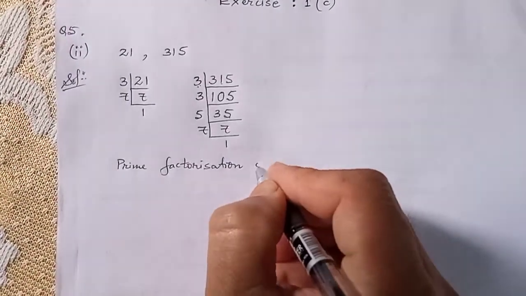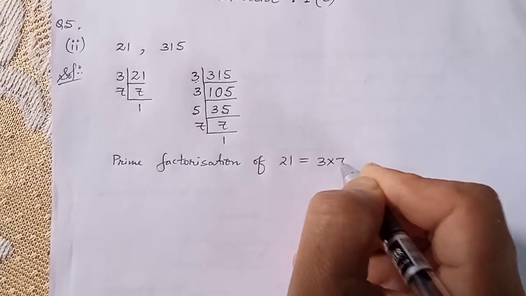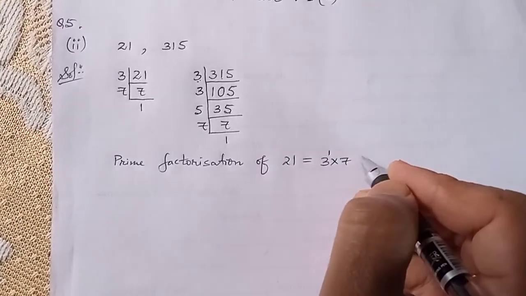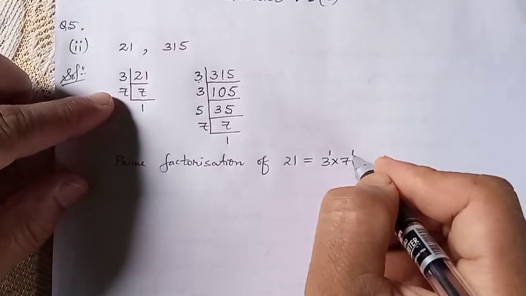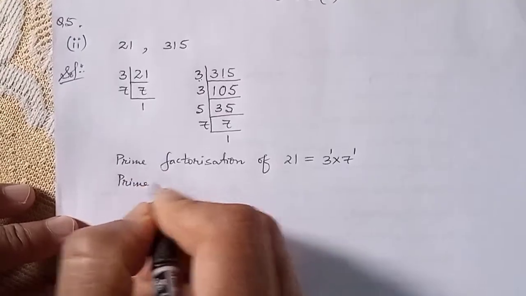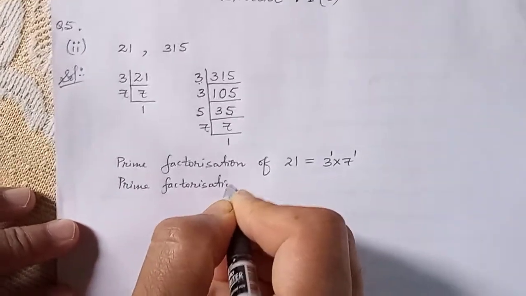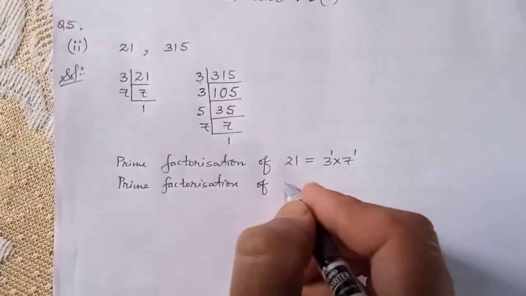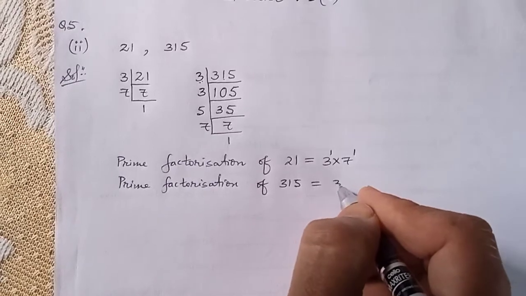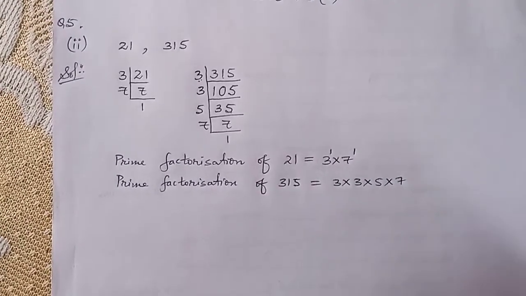So the prime factorization of 21 is equal to what? 3 into 7, but we write it in power notation. So 3 is only one time, so power 1, and 7 is also only one time, so power 1. Okay, and now we'll write the prime factorization of 315. So we got what? 3 into 3 into 5 into 7.